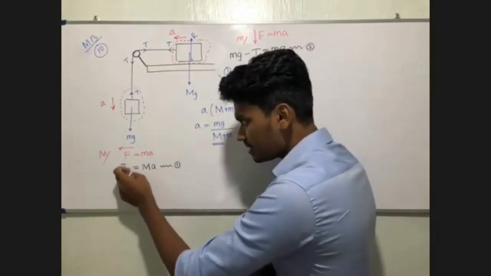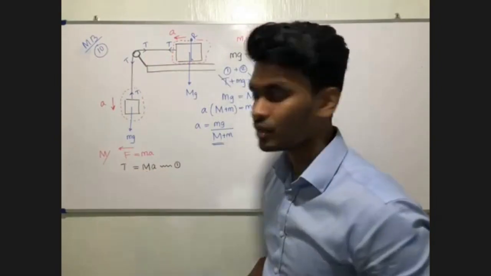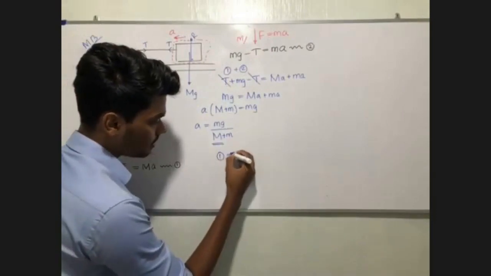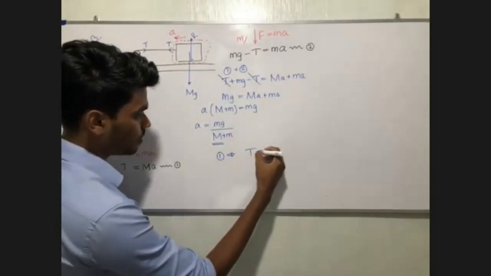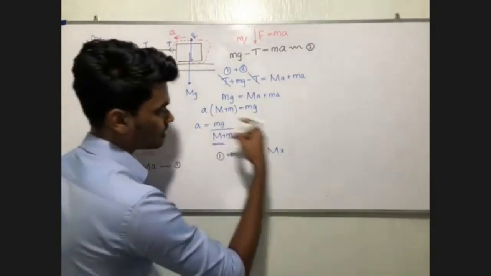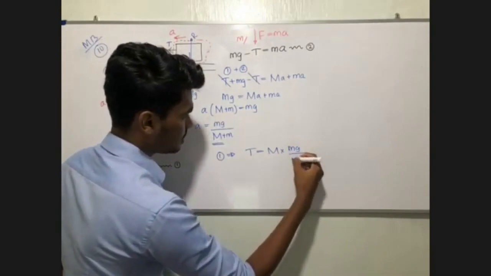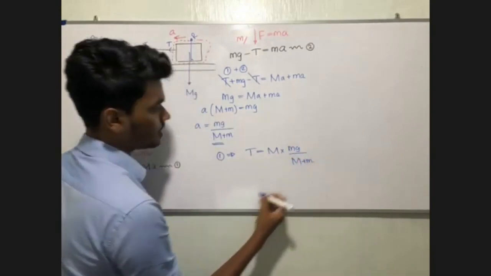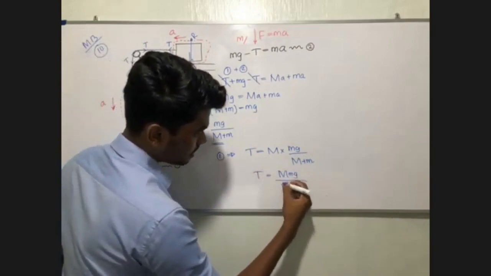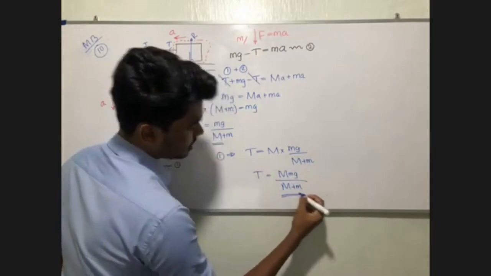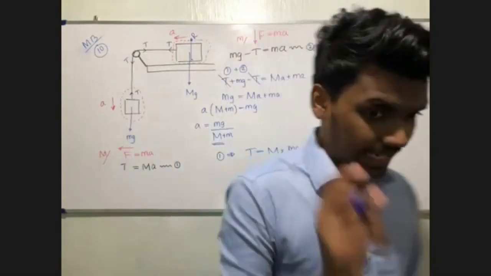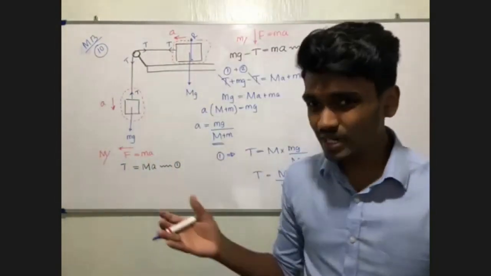So I'm going to consider equation 1 and apply capital M into acceleration. Acceleration is this: simple m g over capital M plus simple m. So the tension is capital M simple m g over capital M plus simple m. We have found the acceleration and also the tension. It was quite easy, right?